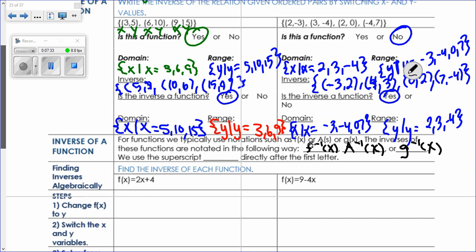That's what the inverse looks like. You use a superscript -1, but it's not a power. It's just shorthand for noting an inverse. So we're going to find the inverse of each function. We're going to find f to the -1 of x.